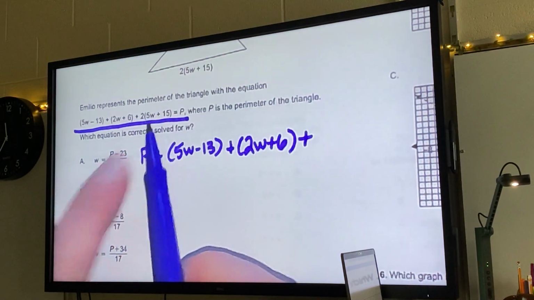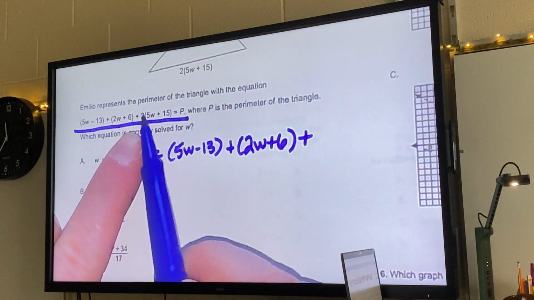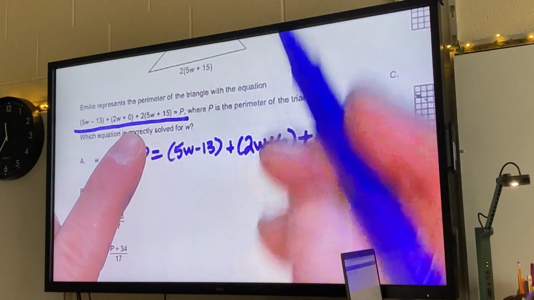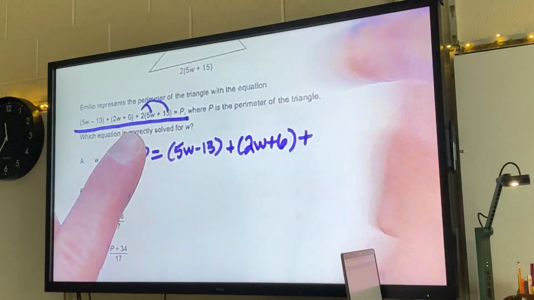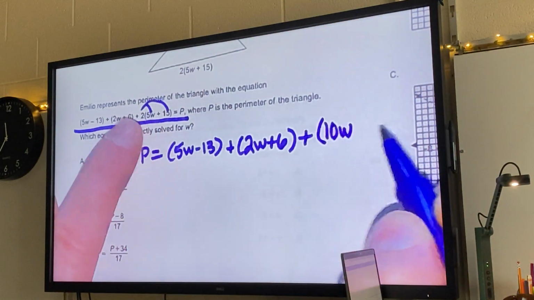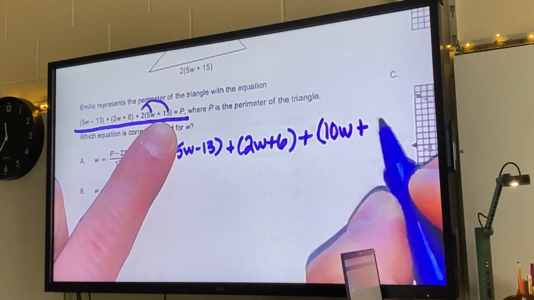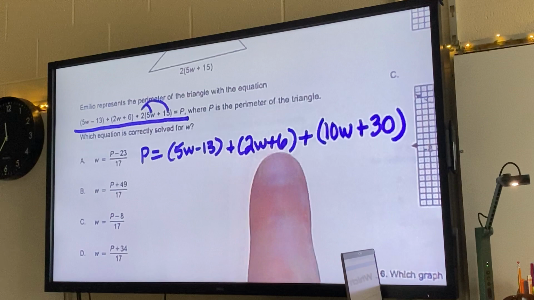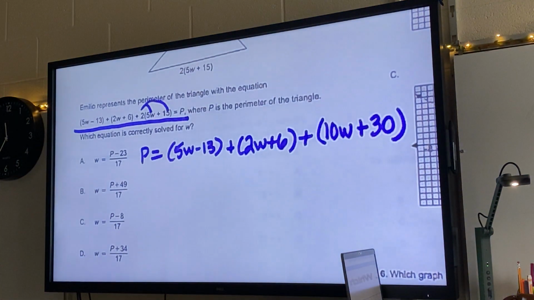What do you do with that 2? Distribute. Good. All right, so that will give us 2 times 5W is 10W, and 2 times 15 is 30. So here they want us to add up these 3 binomials. When you add, all you have to do is combine like terms.